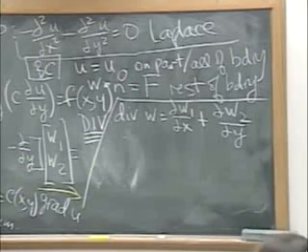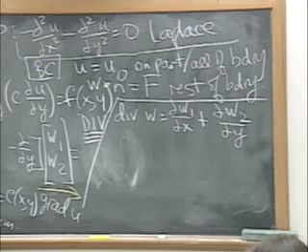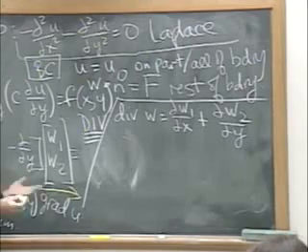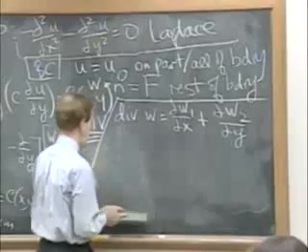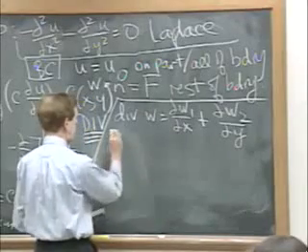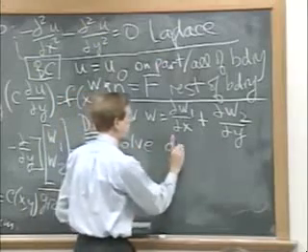Kirchhoff's current law, if there were no source terms, would have this be 0, and we would expect to be able to solve that. So could we solve, can you tell me some solutions to, the divergence of W equals 0?